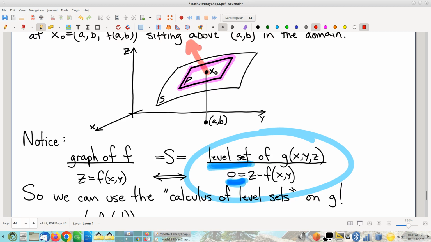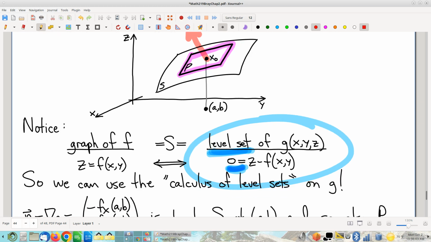Now I appeal to the picture, your sense of geometry. If you're looking for a vector perpendicular to the tangent plane, you're looking for a vector that's perpendicular to the surface itself. Let me say that one slightly differently: you're looking for a vector that's perpendicular to a level set. And that's the tool that we just discovered on the previous page. Gradient vectors are perpendicular to level sets.